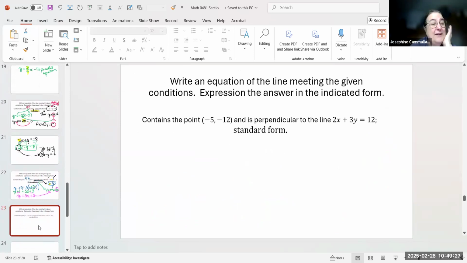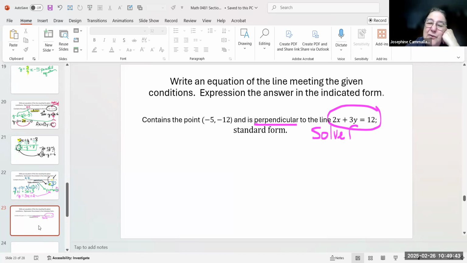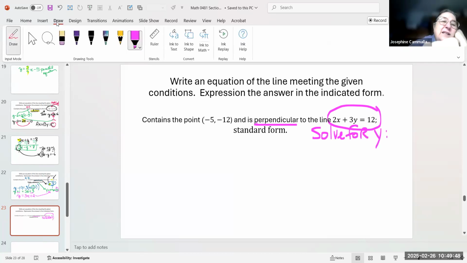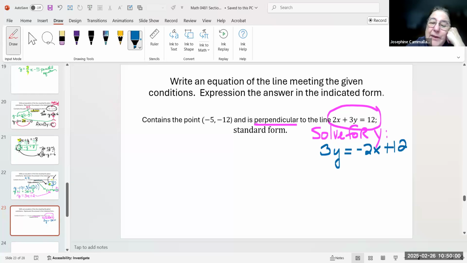Now, we're going to have a little more work here. Perpendicular. Now, this equation has to be solved for y, which means I have 3y is equal to negative 2x + 12.